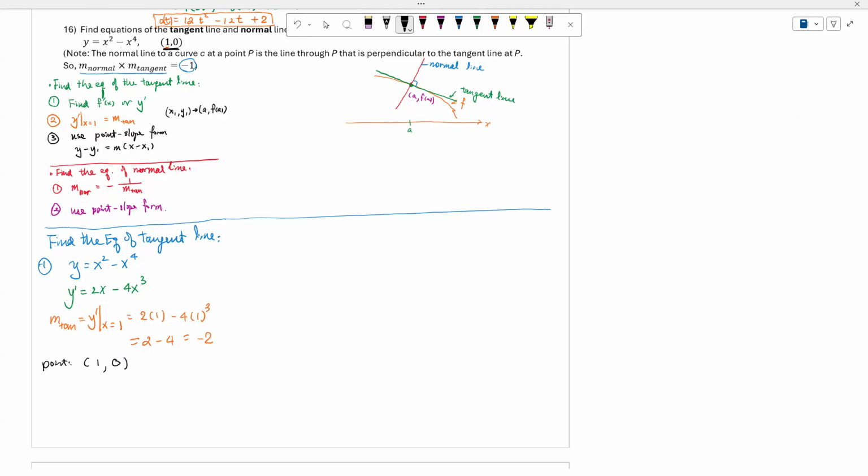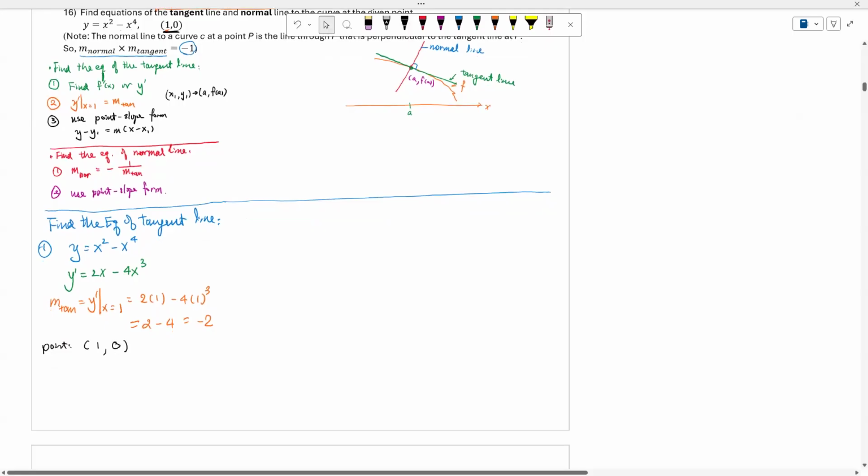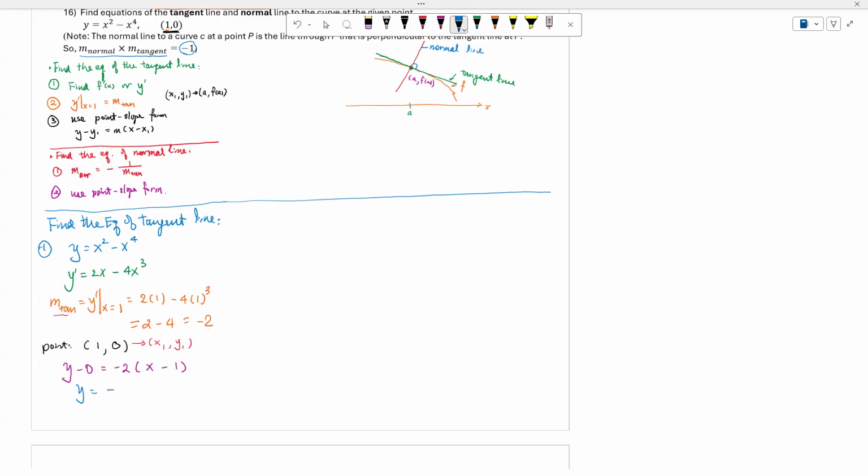Then we are going to use the point-slope form, because we have the slope of the tangent is -2 and the point is 1, 0. Remember, this is x sub 1 and y sub 1. Then I will have y minus 0 equal to -2 times x minus 1. I have y equal to -2x plus 2.